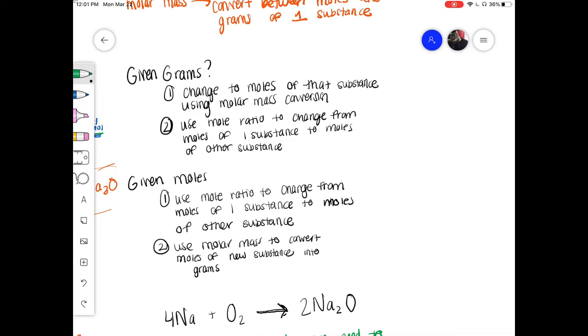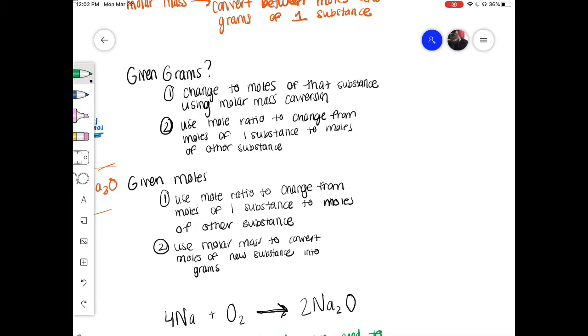Because the only way we can change from one substance to a different substance is through our mole ratio, we have to first put our grams of that substance into moles so we can change from substance A to substance B. So once we change grams to moles using our molar mass, we use our mole ratio to change from moles of substance A to moles of substance B.